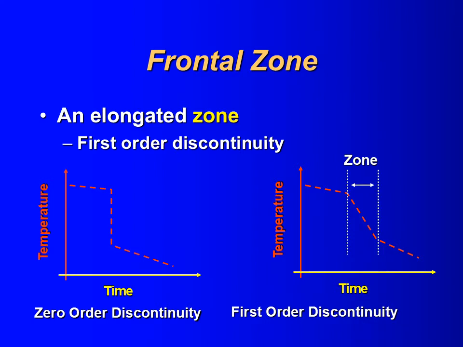The same thing with pressure, and also the same thing with wind or cyclonic vorticity. So it's a zone. It's not a first order discontinuity where it just magically changes from one value to another, but there's a gradient in the change, a temperature gradient, a vorticity gradient, and also stability gradients.